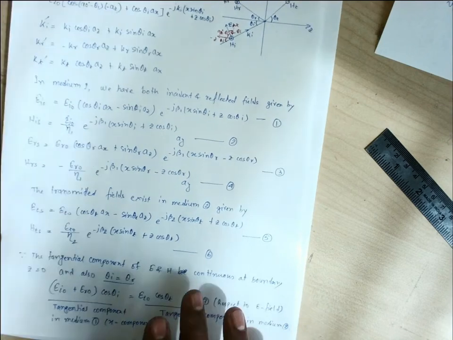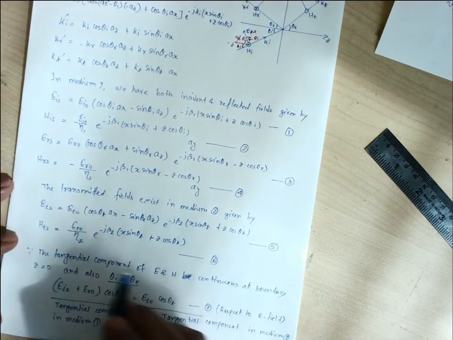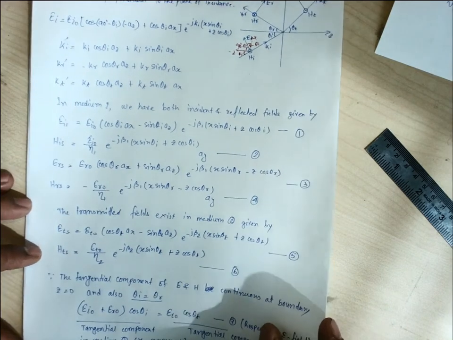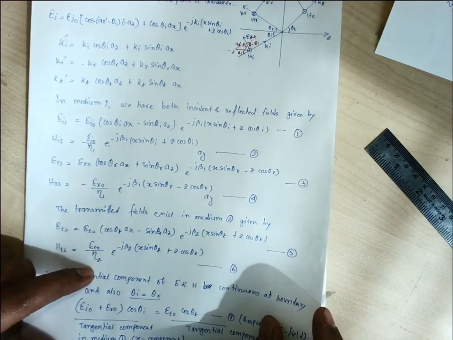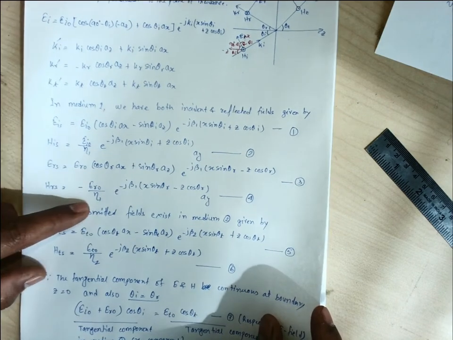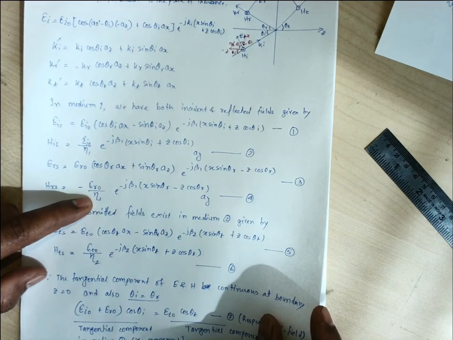So if we write with respect to magnetic field, we simply divide by eta 1 and eta 2. So we can have Et0 by eta 2, then Ei0 by eta 1 and Er0 by eta 1. So this is negative.